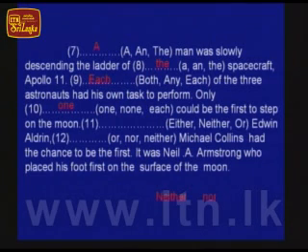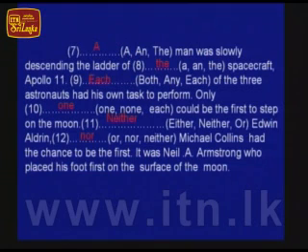Now out of the 3 people, Edwin Aldrin and Michael Collins did not have the chance to step on the moon first. So therefore, how are we going to say this in one sentence now? None of them were able to step on the moon. Only the 3rd person was able to step on the moon. So now we are going to say neither Edwin Aldrin nor Michael Collins had the chance to be the first.